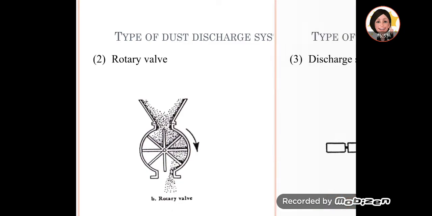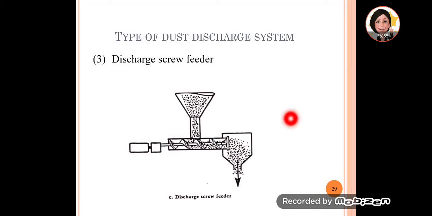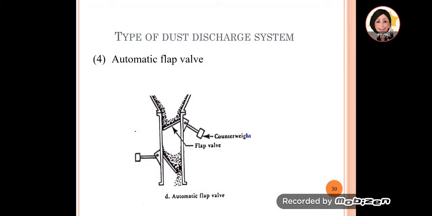It can be a discharge screw feeder, so it screws through to free the particles from the cyclone. It can also be an automatic flap. Once it becomes heavy, it will drop, it will open, so the particles that build up will drop to the bottom. So this is a flap motion.